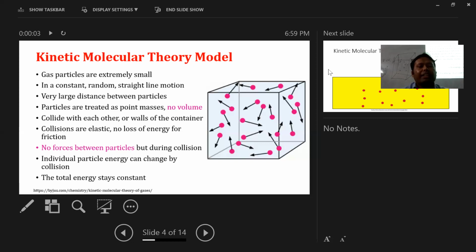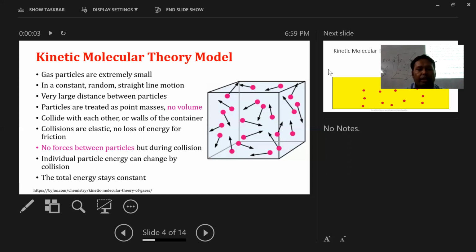But gas particles are extremely small compared to a very large container. So we can consider that gas particles are extremely small. Second, in constant random straight line motion, that means all the gas particles.